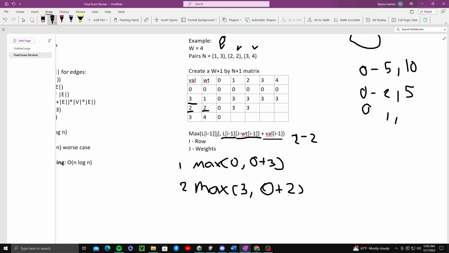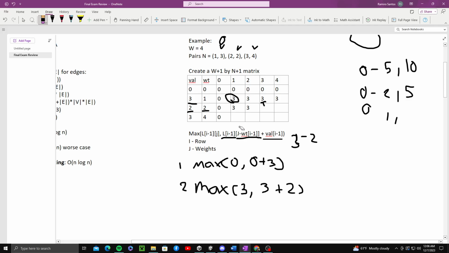So now we hit another different point. So we still look up, and we're looking at our current weight. So our current weight is 3 minus 2, which is 1. So we're gonna add 3 plus 2.